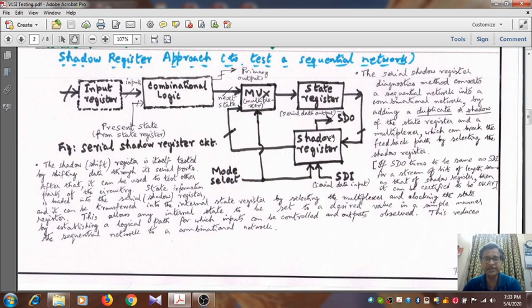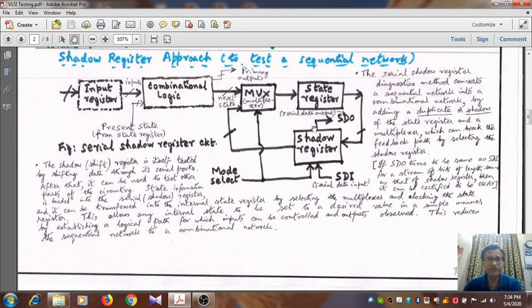So by loading this shadow register from the state register, you can load a particular state into the shadow register. Then the present state can be fed to this combinational logic either from the state register or the shadow register.